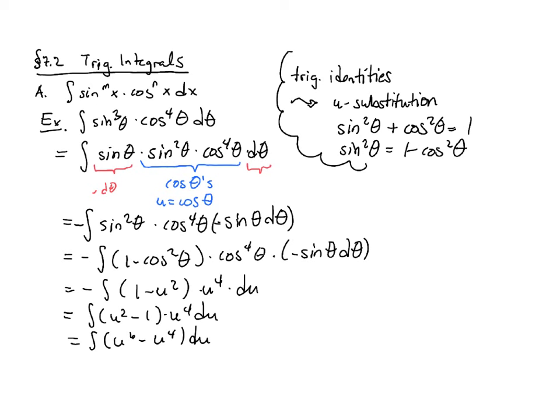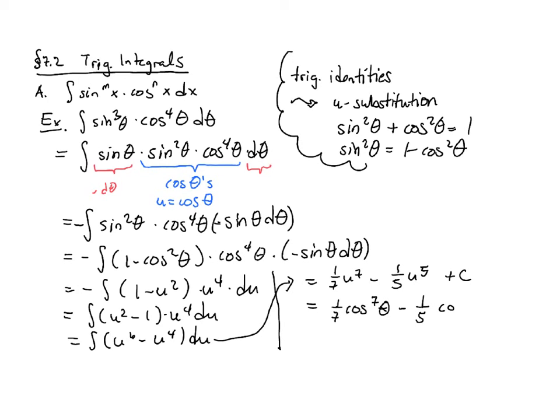And I can take that antiderivative as 1/7 u to the seventh minus 1/5 u to the fifth plus c, and then I put my expression for u back in, where u is cosine, so 1/7 cosine to the seventh theta minus 1/5 cosine to the fifth theta, all plus c.